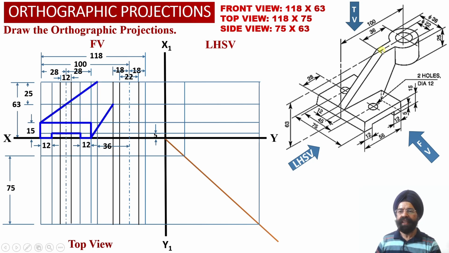Next we have got this inclined surface. Now we can see from this center point, if we move back by 36 millimeter, it is this top point which we are going to achieve. From this center point, we have moved back by 36 millimeter. So this surface will be appearing as an edge view, as a point view over here.